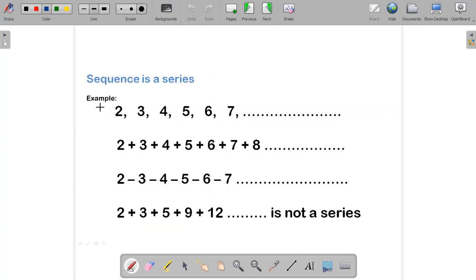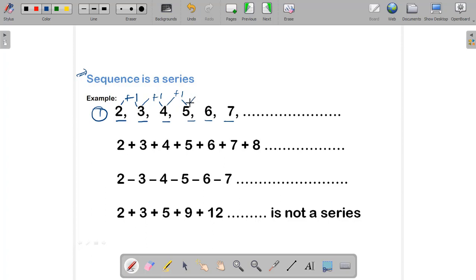Now we explain that a sequence represents a series. For example, this is our first example. You see the first number is 2, then 3, then 4, then 5, then 6, then 7. If we add plus 1 with 2, we get 3. If we add plus 1 with 3, we get 4. Plus 1 with 4, we get 5.